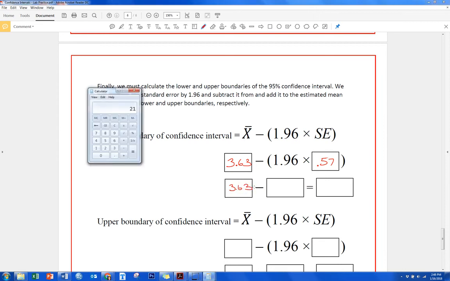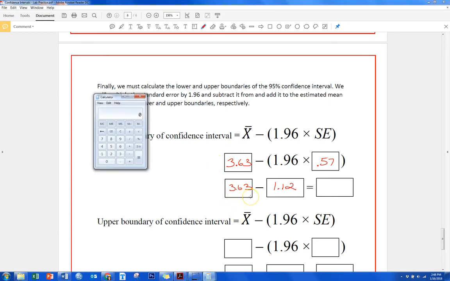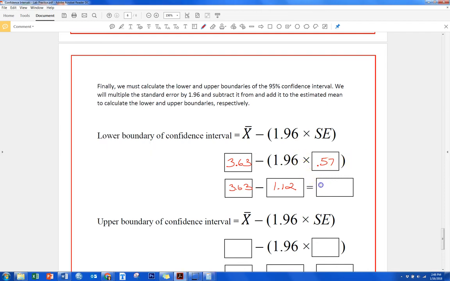Now we're going to multiply 1.96 times 0.57, which gives us 1.12, rounding. And now we subtract: 3.63 minus 1.12 gives us 2.51. So this is going to be the lower boundary of our confidence interval.